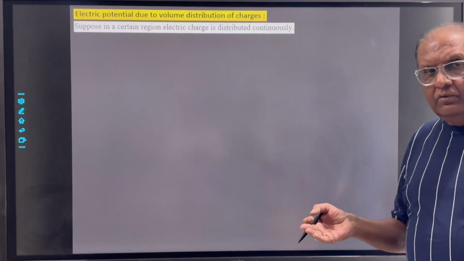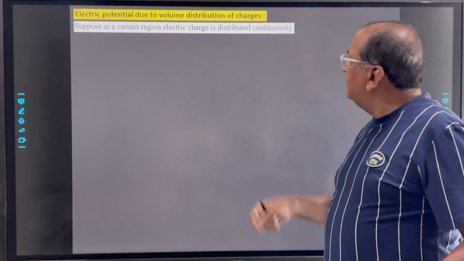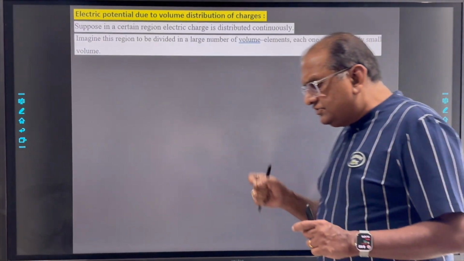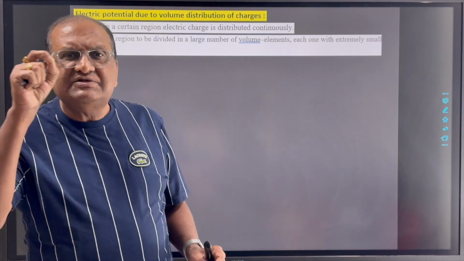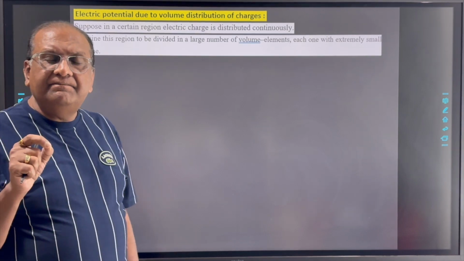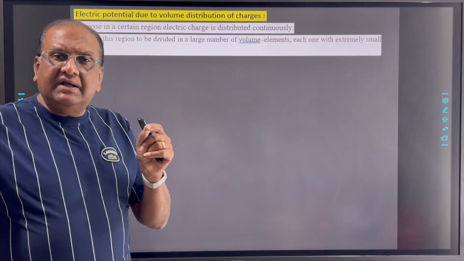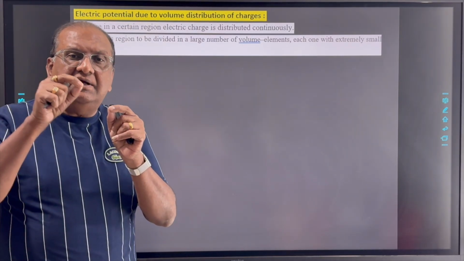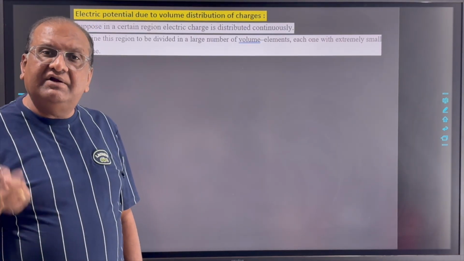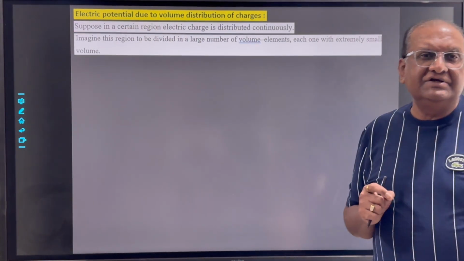We have to divide this continuous charge distribution into so many infinitesimally small volume elements. Then we find the electric potential at a given point due to each small volume element, and after that we take the summation of all those potentials.